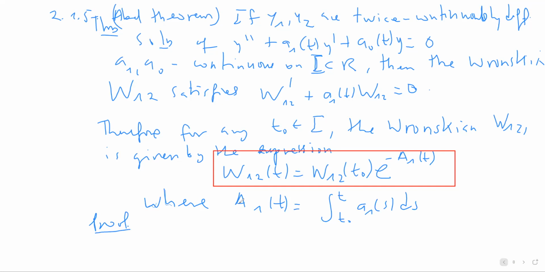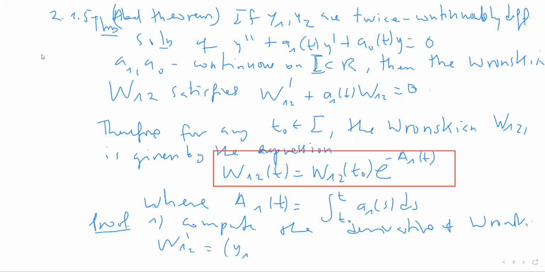If you compute the derivative of the Wronskian, W12' will be Y1 Y2' minus Y1' Y2 prime, which gives Y1 Y2'' minus Y1'' Y2.